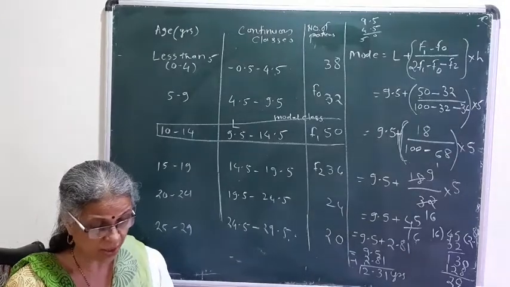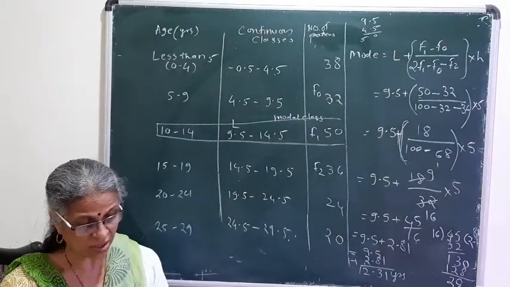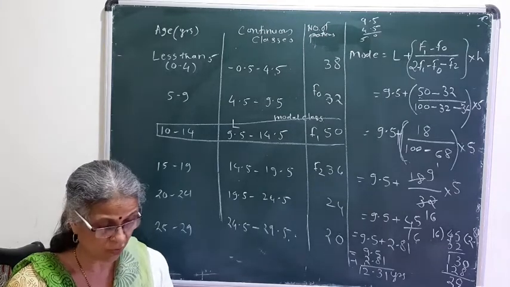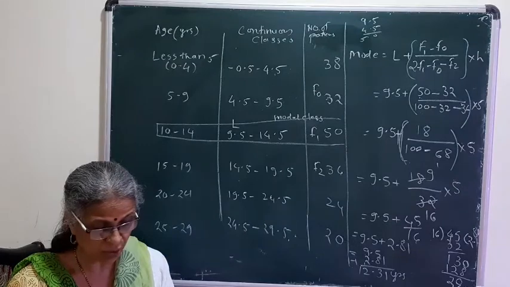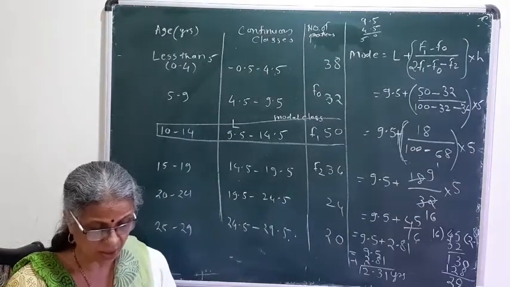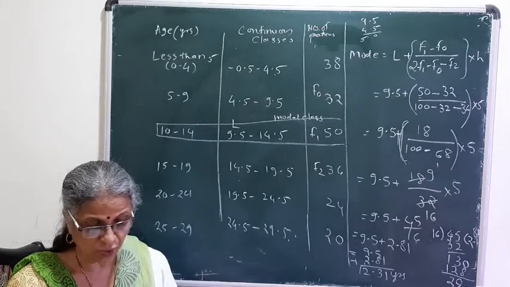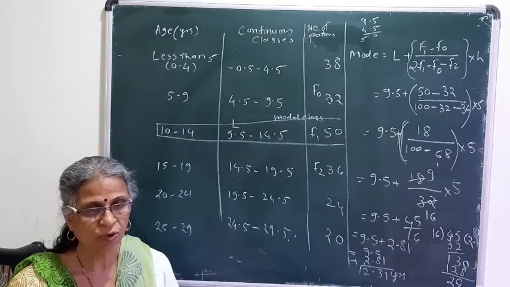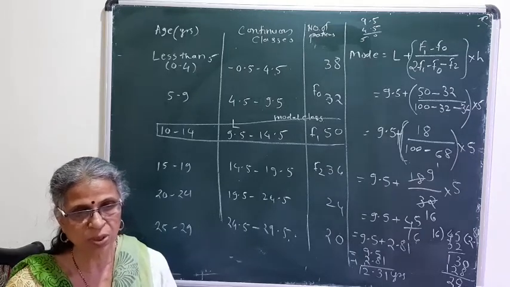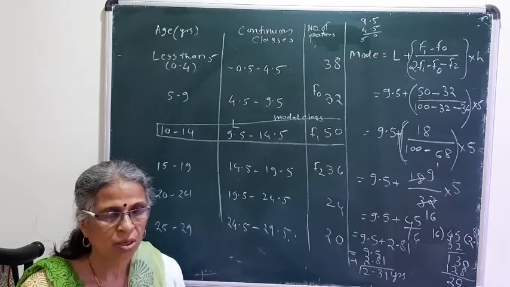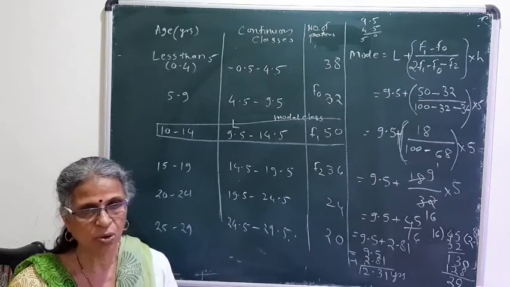So how have they made classes continuous? 4 minus 3, 1 divided by 2, 0.5. 3 plus 0.5, 3.5. Like that we have to make the classes continuous. So in finding median, you have to remember the classes should be continuous. Finding mode also the classes should be continuous. In finding median, you have to find out the table CF less than type, that you have to remember. Followed?